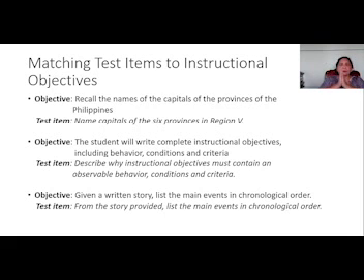Let's look at the second one. The student will write complete instructional objectives, including behavior, conditions, and criteria. The test item given is, describe why instructional objectives must contain unobservable behavior, conditions, and criteria. Beautifully formulated. Very good.